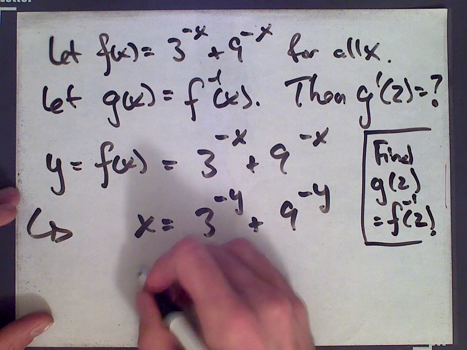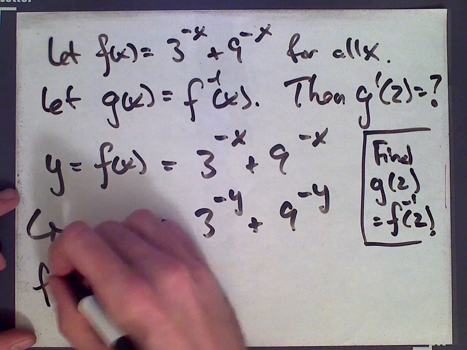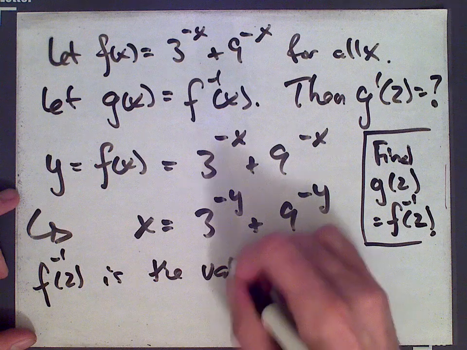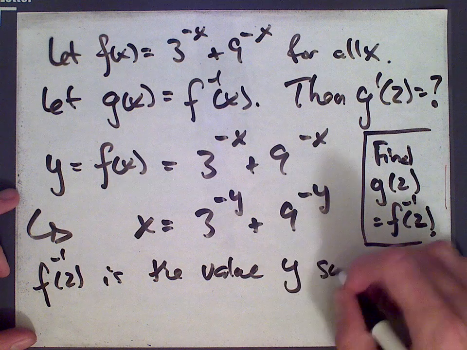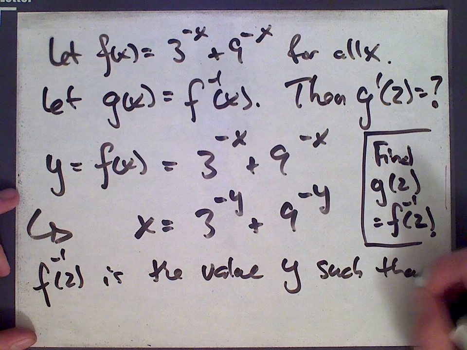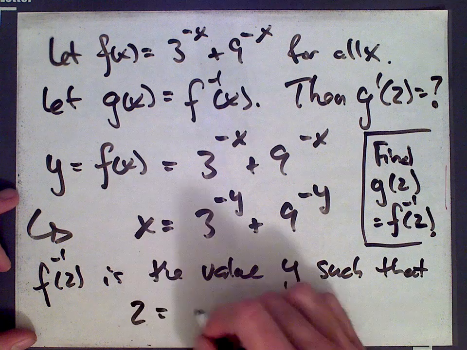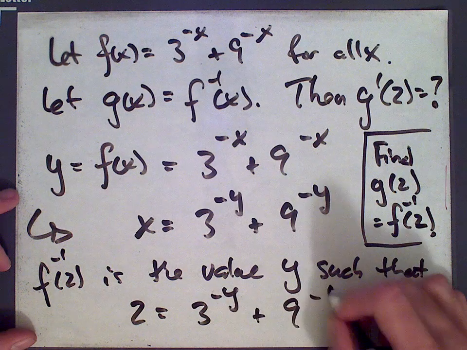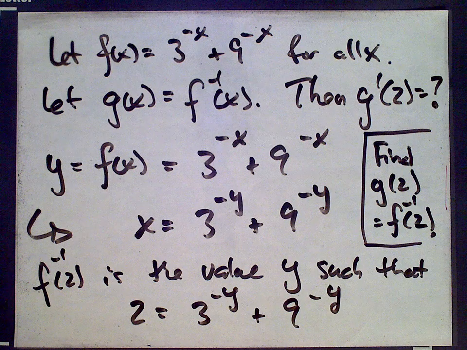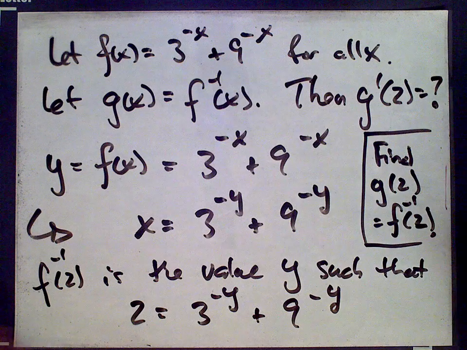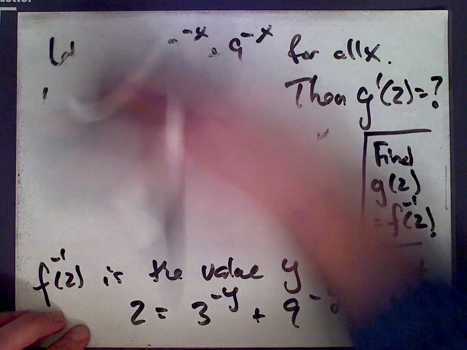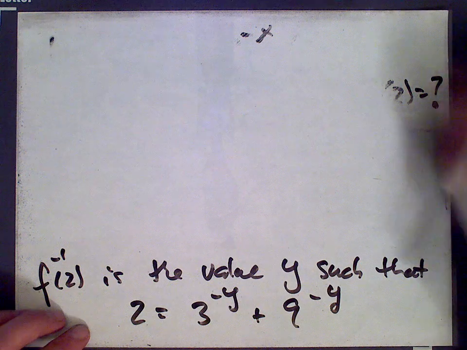So we get that f inverse of 2 is the value y such that 2 equals 3 to the negative y plus 9 to the negative y. Okay, so just take a minute to think about that. And we're going to solve for y.